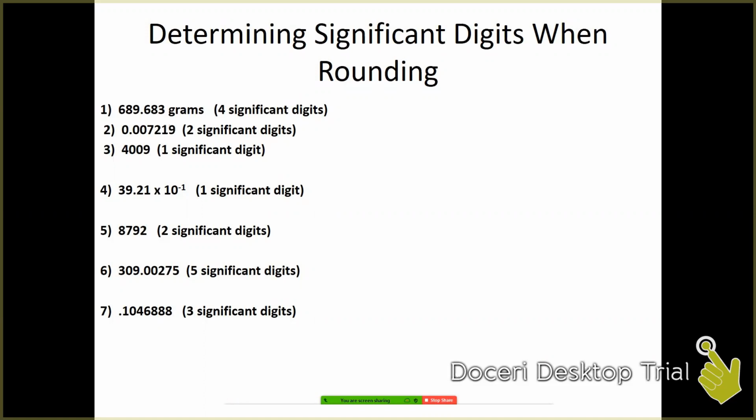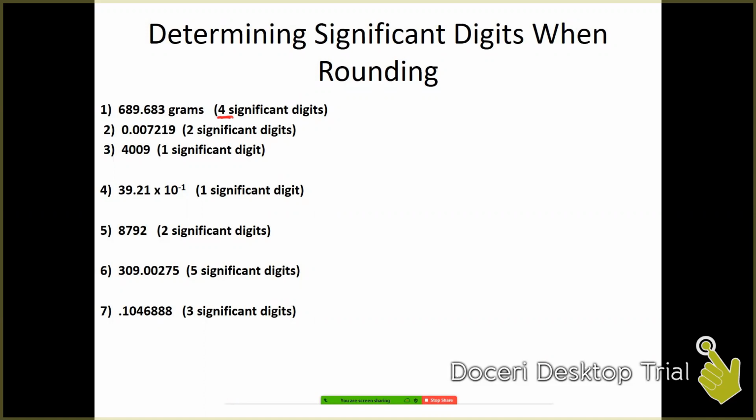Rounding is just like it has been before. If you have a number you're rounding and the number behind it is a 5 or above, you would round up. If it's a 4 or below, then you would leave it as it is. So if we look at these different numbers, we're going to round to a certain number of sig figs. If we look at number 1, I've done some kind of calculation. My calculator spit this out, but because of sig fig rules, I can only have 4 significant figures.